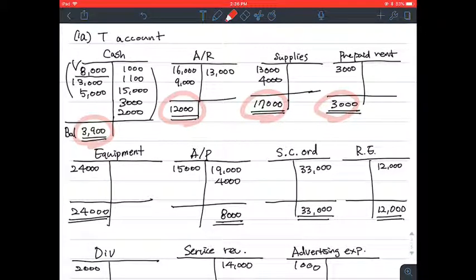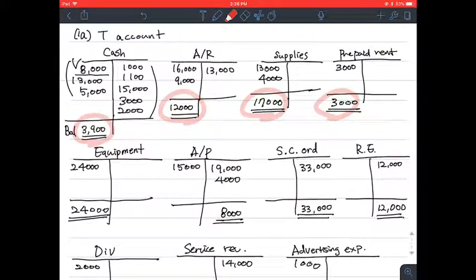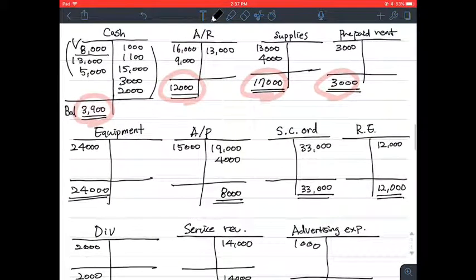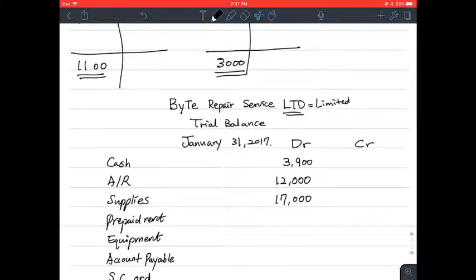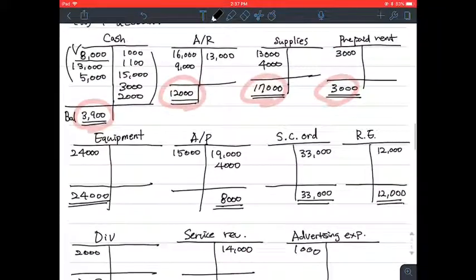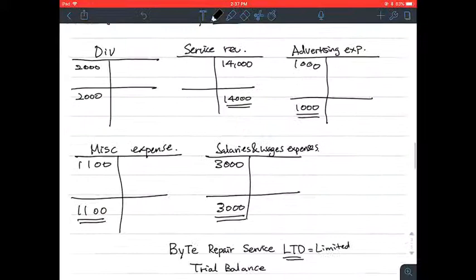It is your asset. You already paid your rent for a certain amount of time. So $3,000. For equipment, how much money did we have? $24,000.